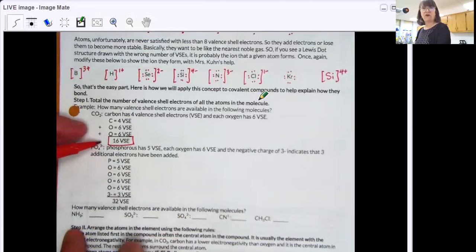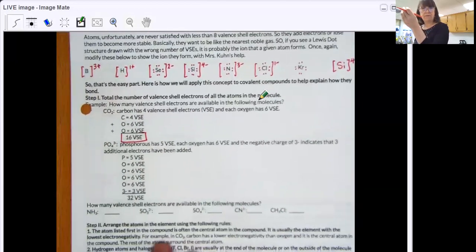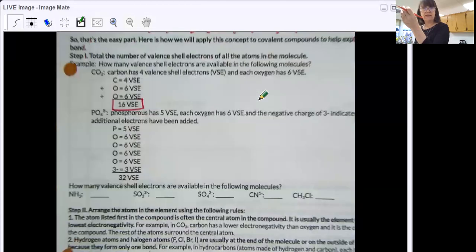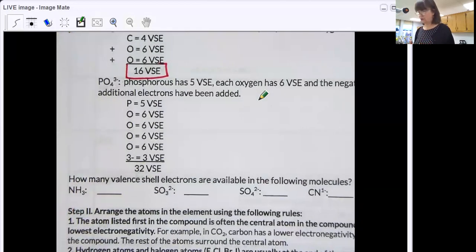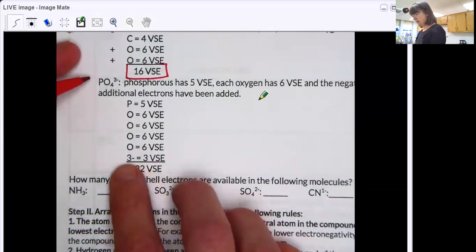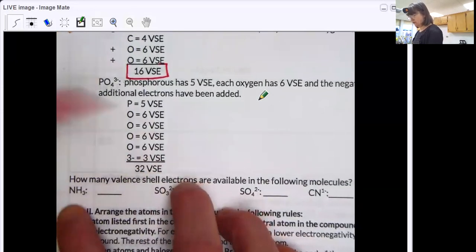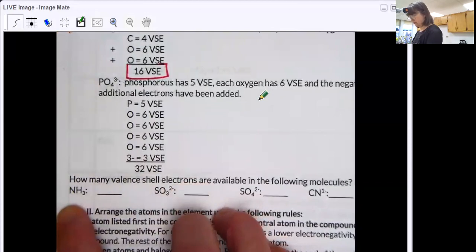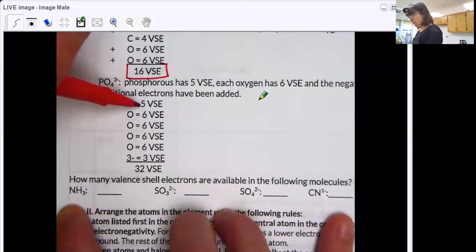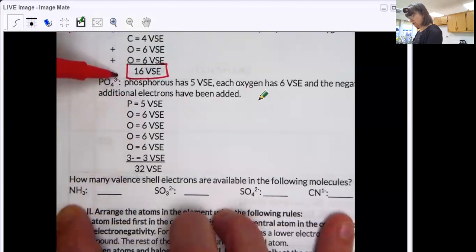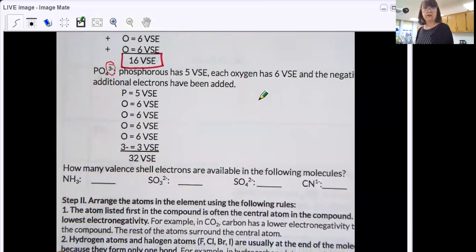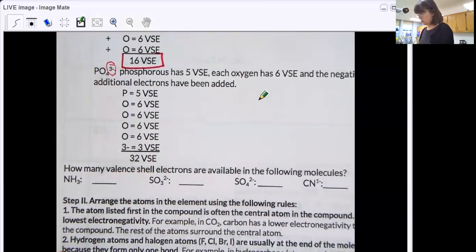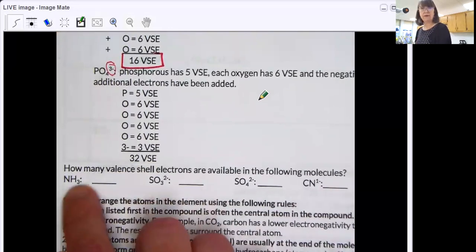And the fact that this phosphate is -3, what that means is that it has gained 3 additional electrons to make that structure work. So the way I represent that is by adding 3 extra valence shell electrons to my total. So 5 plus 4 sixes plus the 3 from the negative charge means that this structure has 32 valence shell electrons.